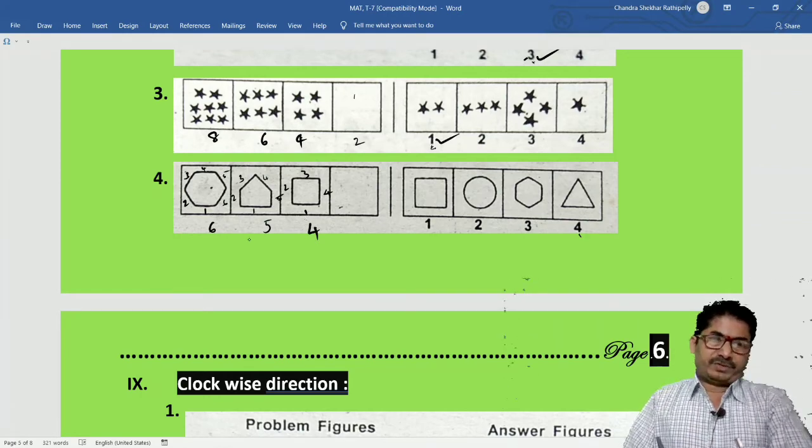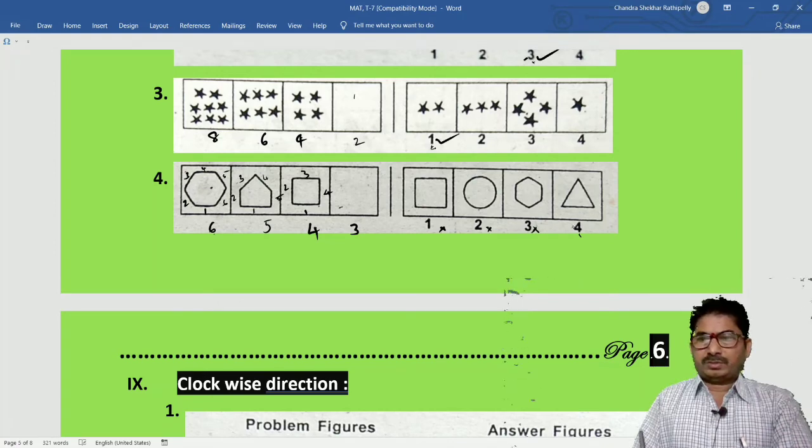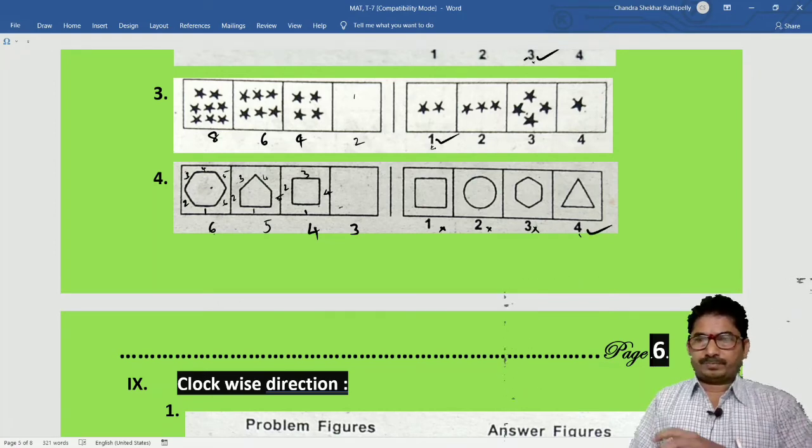Here is a sequence: 6, 5, 4, 3. Here 3 will come. 3 means a triangle. So this is not, this is not, this is not. Fourth one is correct.